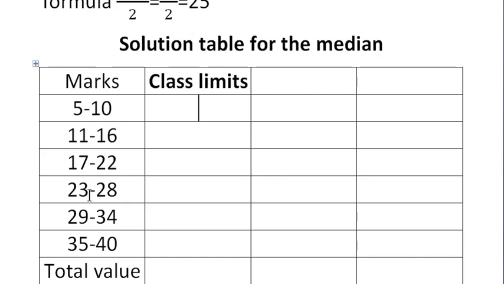If you remove 22 from 23, you will get 1, and so on. That 1 needs to be closed for us to get the actual class limit. That 1 should be divided by 2, which will give us 0.5.